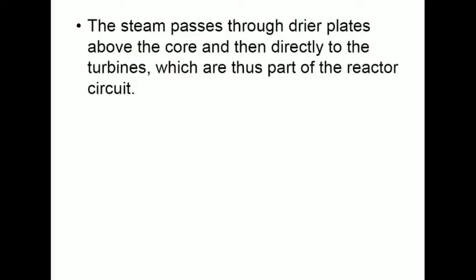The steam passes through drier plates above the core and then directly to the turbines, which are thus part of the reactor circuit. So steam actually produced in the reactor vessel is going to the turbine straight away.